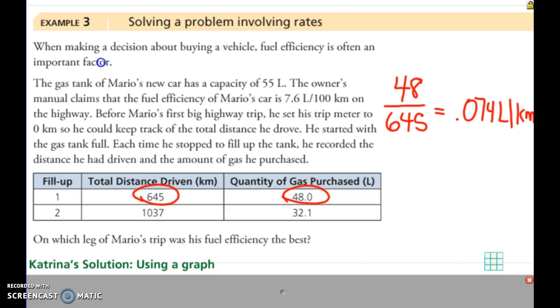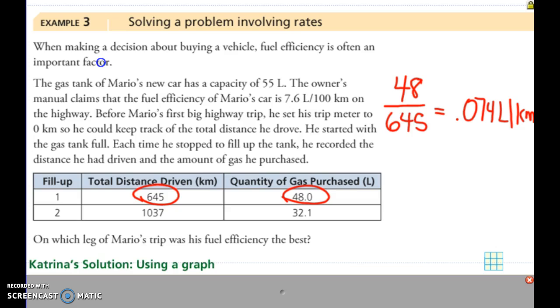Okay, we found the unit rate for this part. It was 0.074 liters per 1 kilometer he traveled. That's how many liters he used per 1 kilometer.